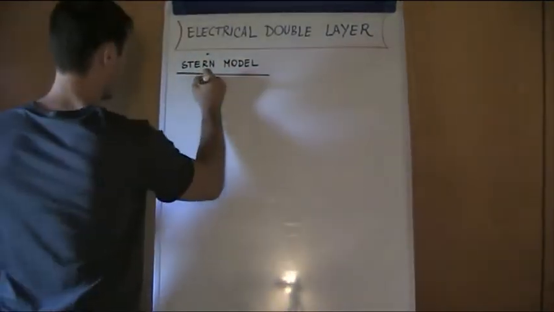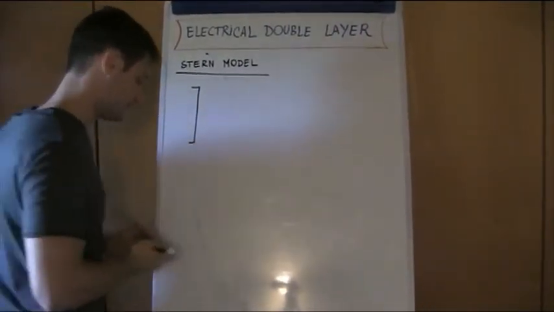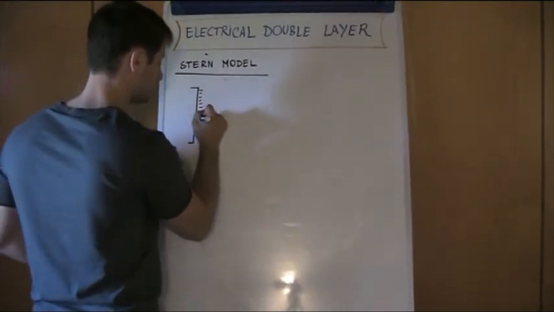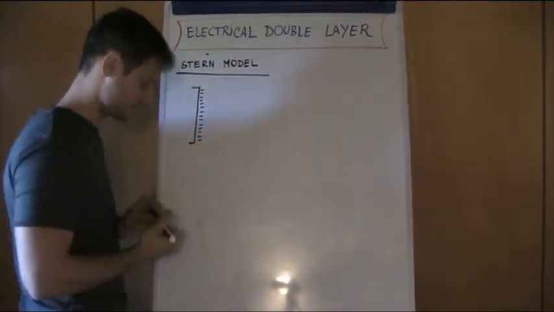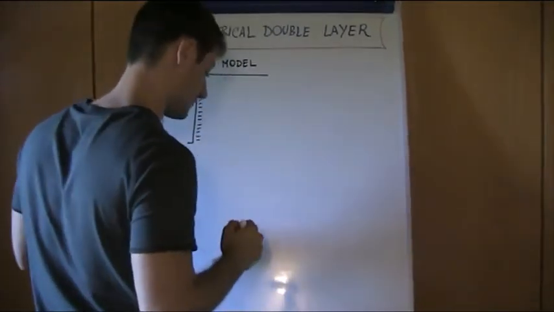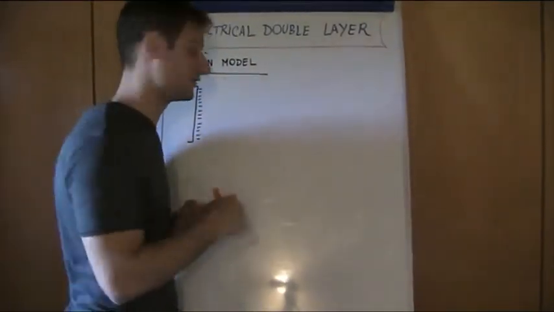So we have again our electrode, we have the negative polarization, the classic examples we have done, and we know that there are some positive charges distributed in the Grahame-Chapman diffuse layer.